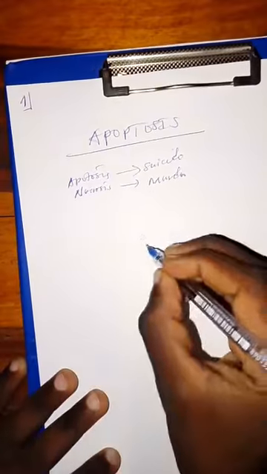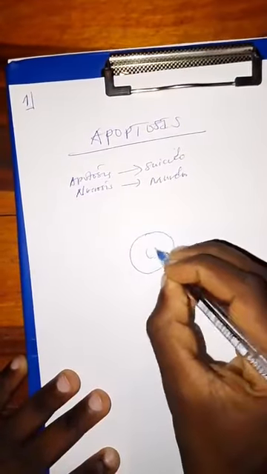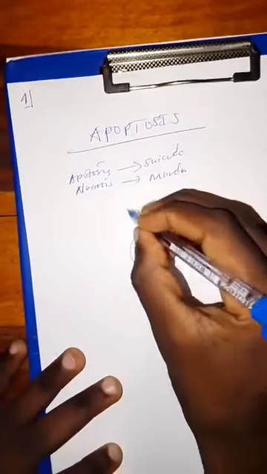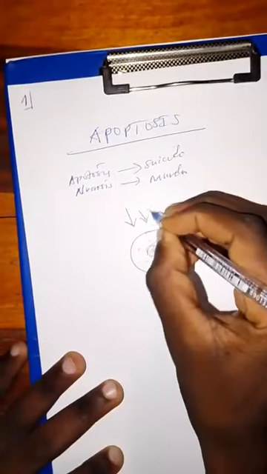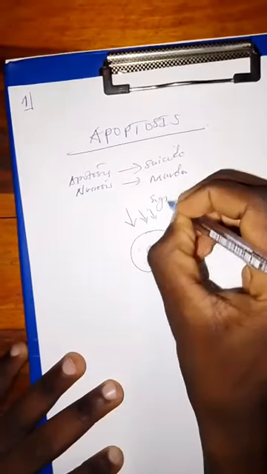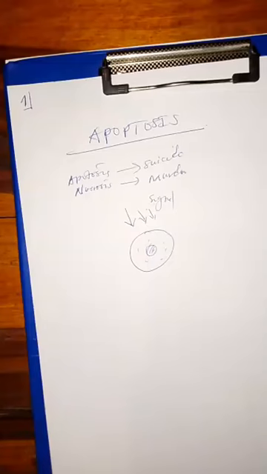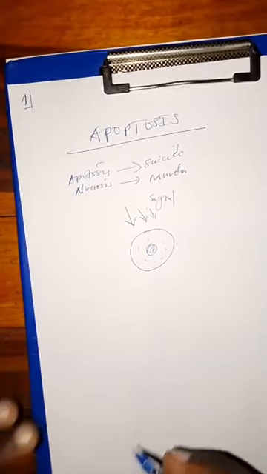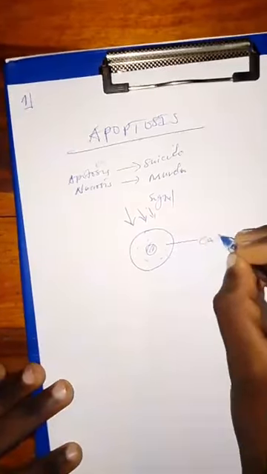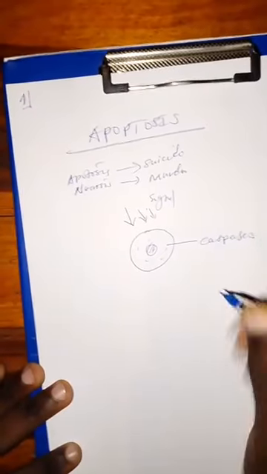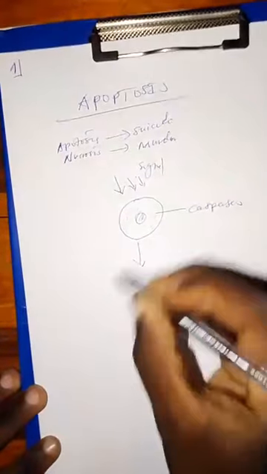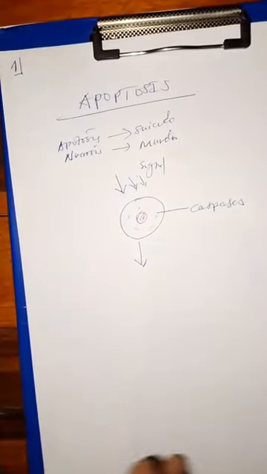So if you have a cell with content inside, the signal can come from outside of the cell, and when the signal comes, it will activate the enzymes we call caspases. This is just an illustration, but the proper mechanism will be shown.